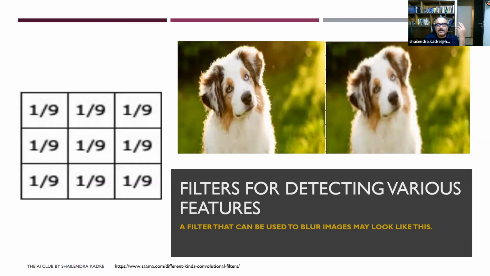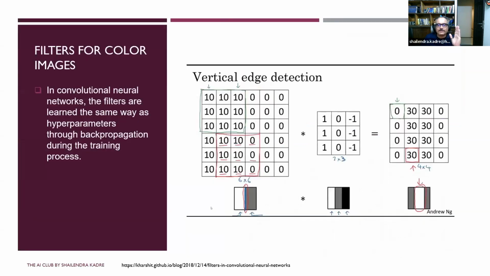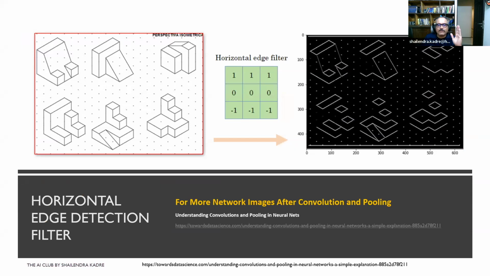And there are 100 more types of filters with different cells filled up with different values. So I don't think you can remember all this. If you remember these simple filters, you will get a feel of how convolution takes place and what happens to the image after the convolution. So this is enough for conceptual knowledge. The rest is left to the computer. Whatever it does, it does.